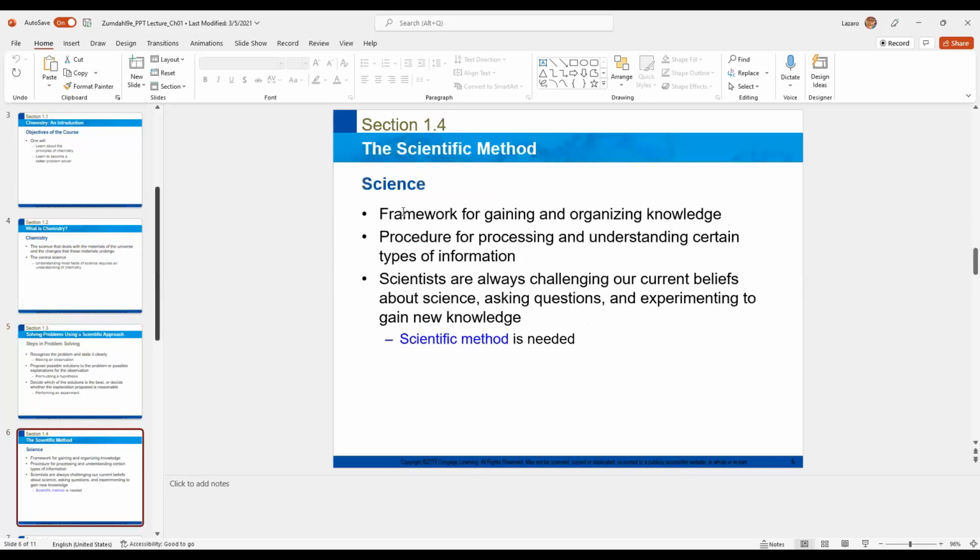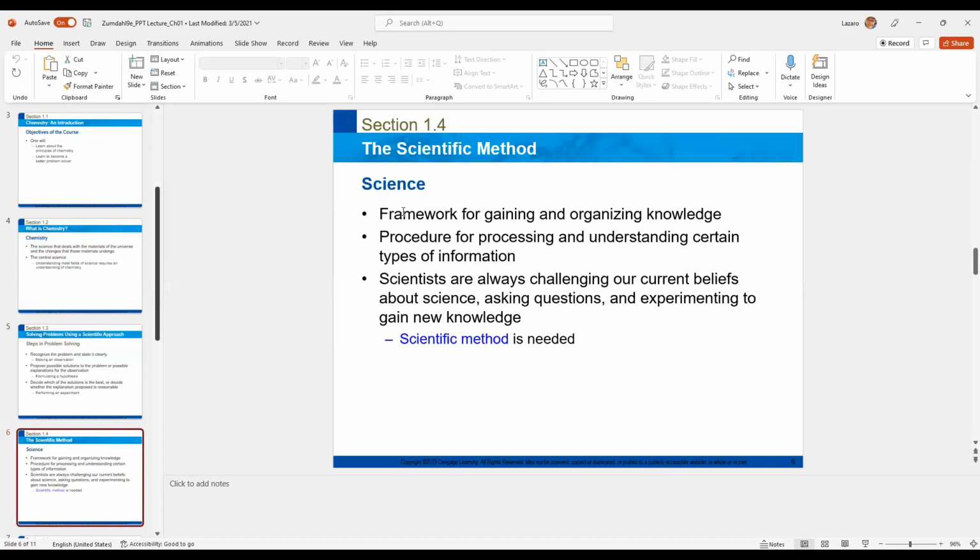Science in general is the framework for gaining and organizing knowledge. In science, we follow procedures for processing and understanding certain types of information.